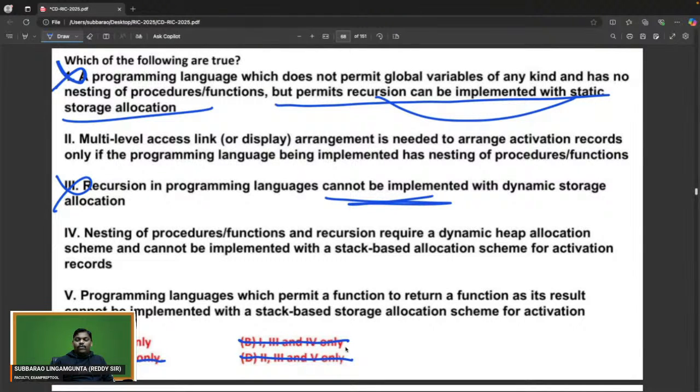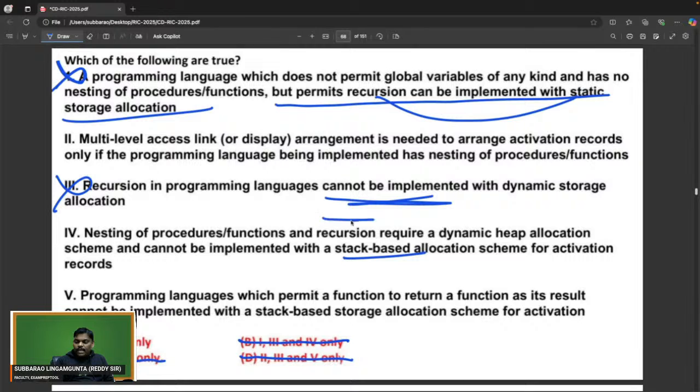Next, option 4: nesting of procedures or functions and recursion require dynamic storage allocation, but cannot be implemented with the stack-based allocation scheme. Can you see the 4?